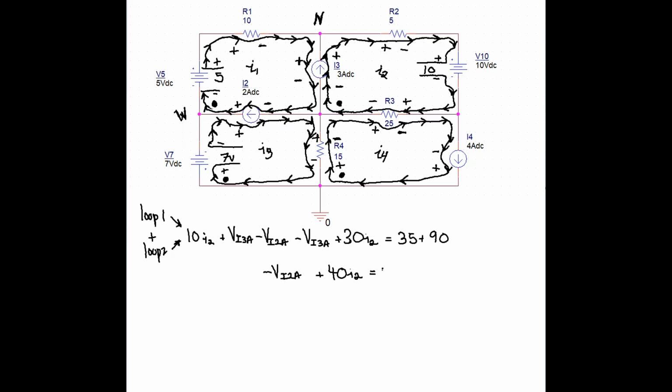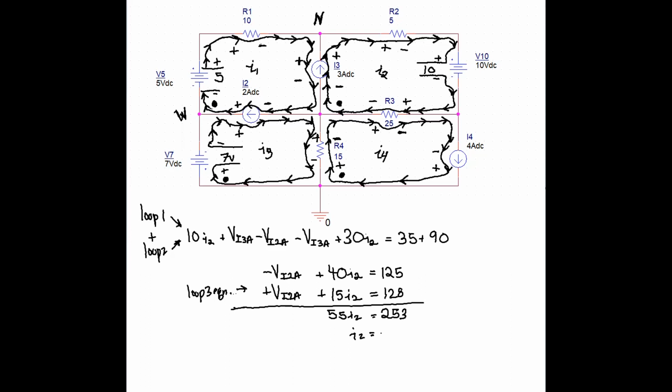So adding those two together, we get this expression: minus the voltage drop across the I2 current source plus 40 I2 is equal to 125, and then adding that to the loop 3 equation, we can solve for I2, which comes out to 4.6 amps.